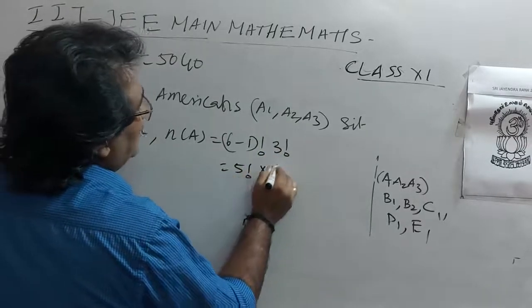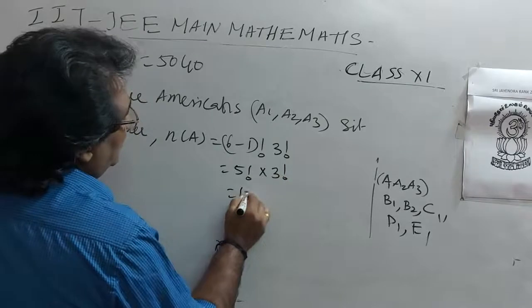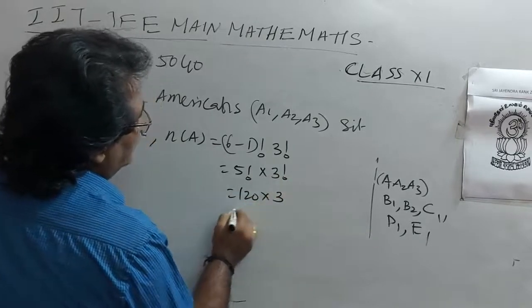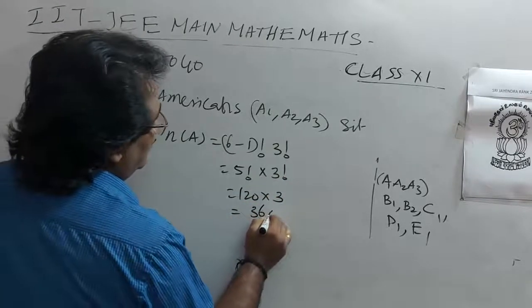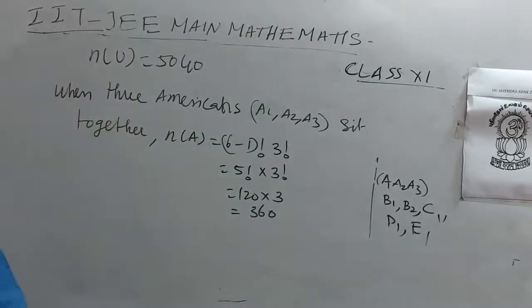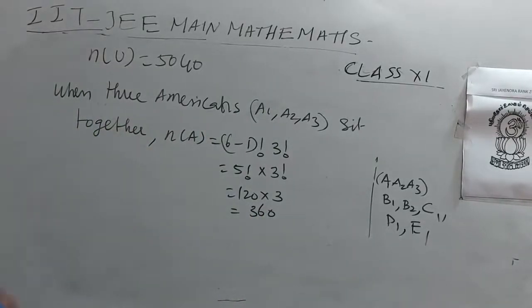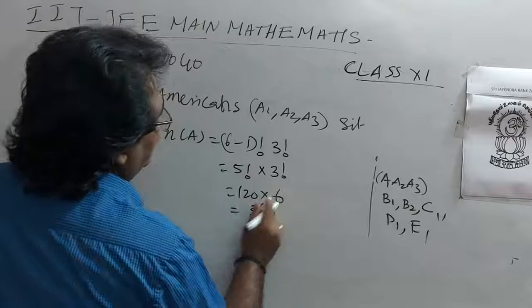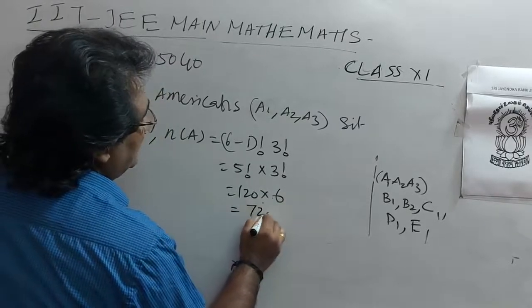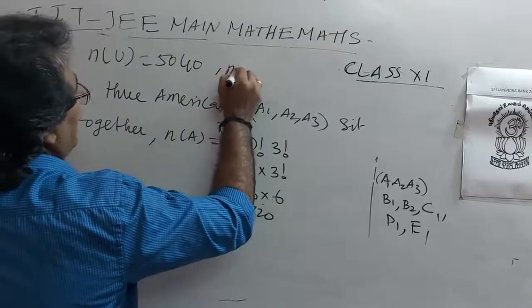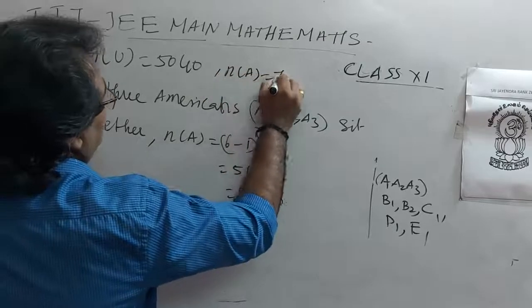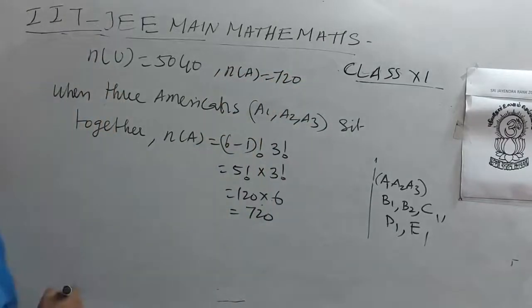That is 5 factorial into 3 factorial, 120 into 6, so n of A equals 720.